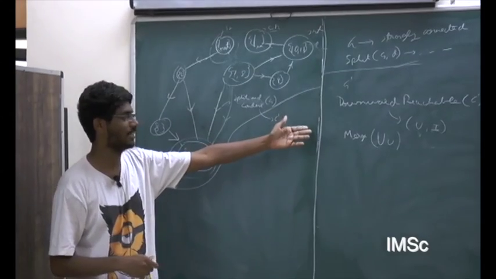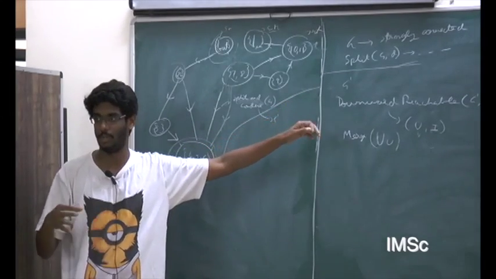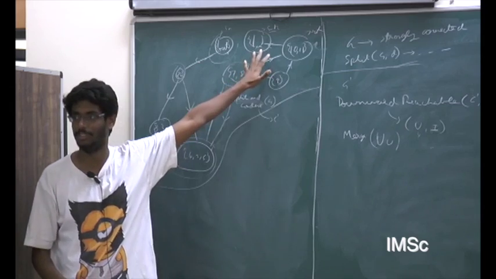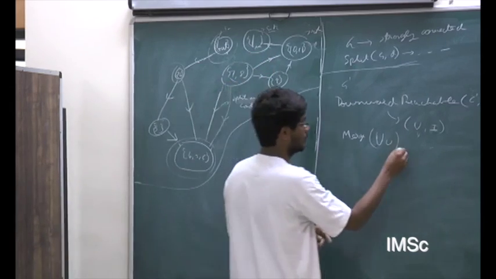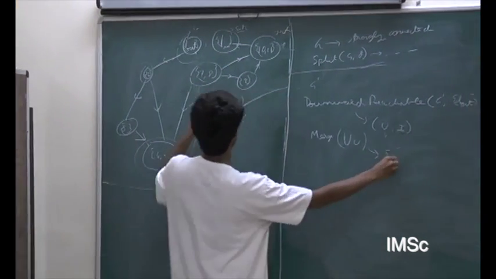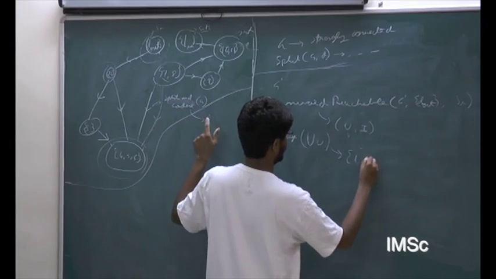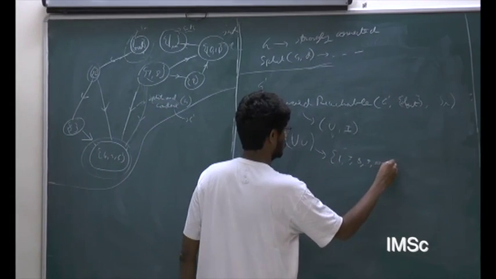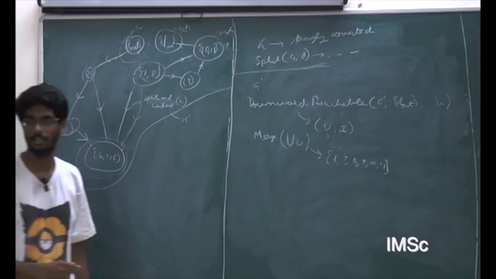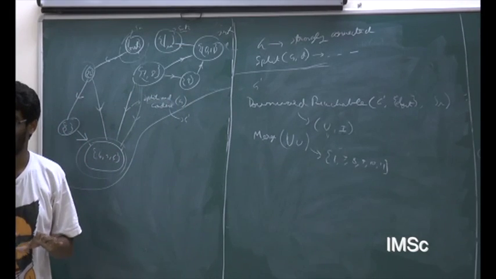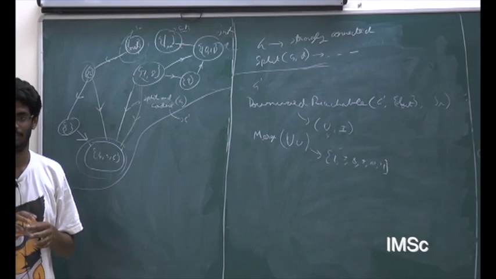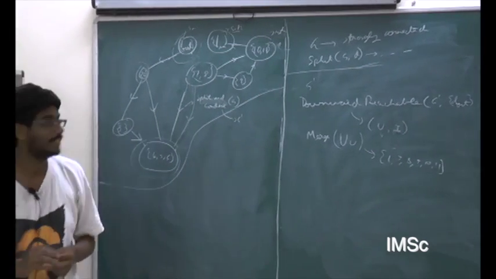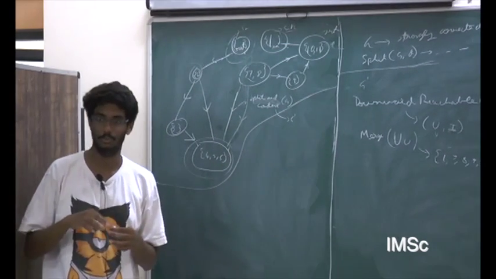If at all there is any 1 in or 1 out, replace it with 1. So after doing this, this set is basically 1, 7, 8, 9, 10, 11. This is the merge of union of U.